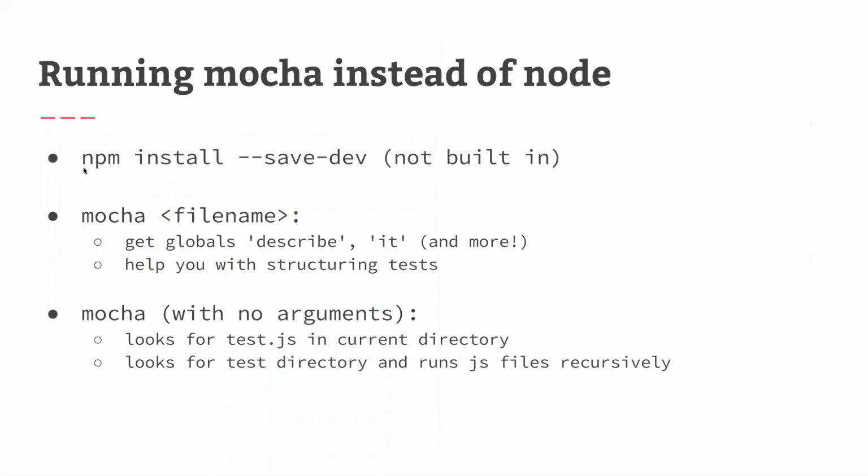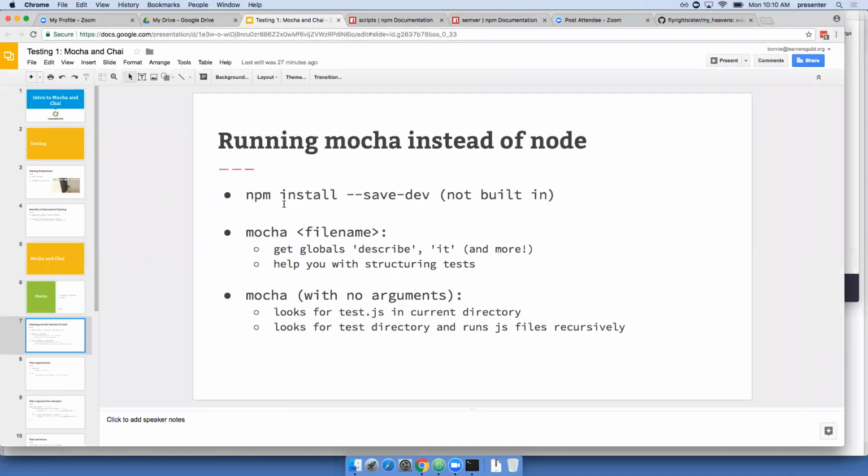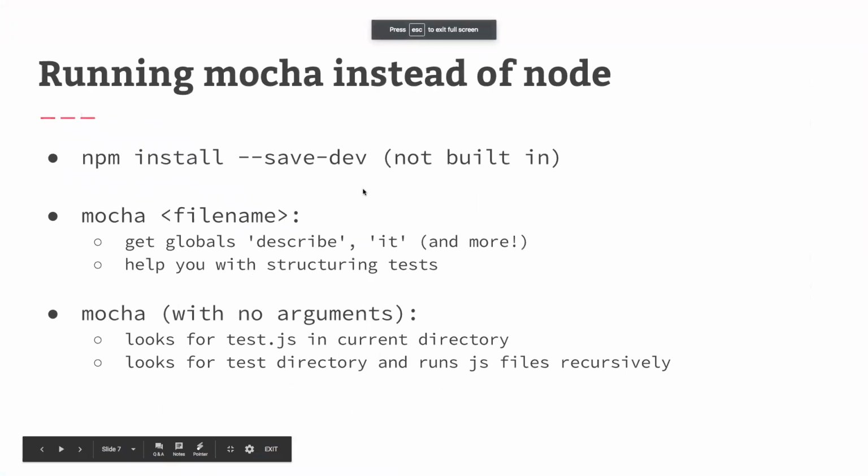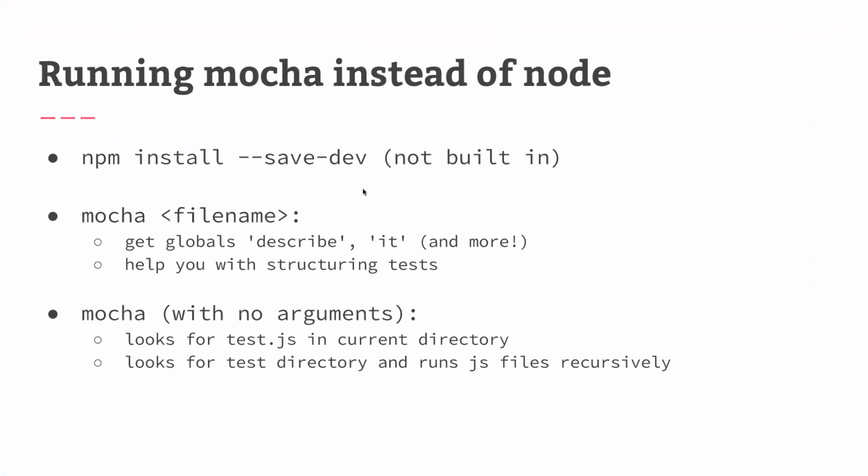Okay, so you remember from, I think it was Friday, we were talking about your npm install. What does the --save-dev do? Do you guys remember? Package JSON file. Nice. It puts it in your package.json file for your development dependencies.